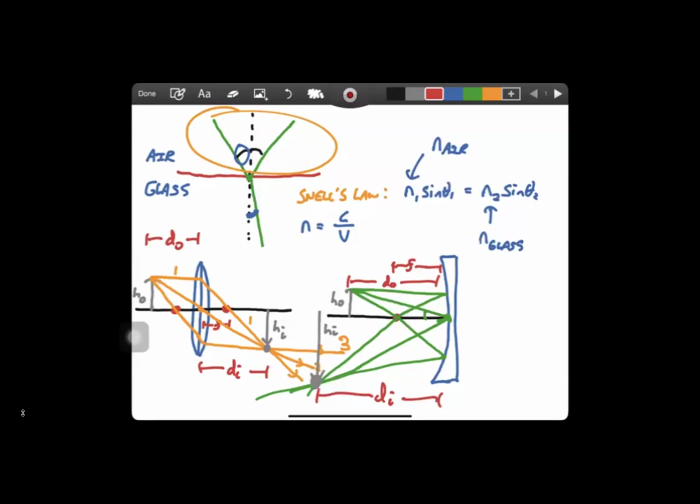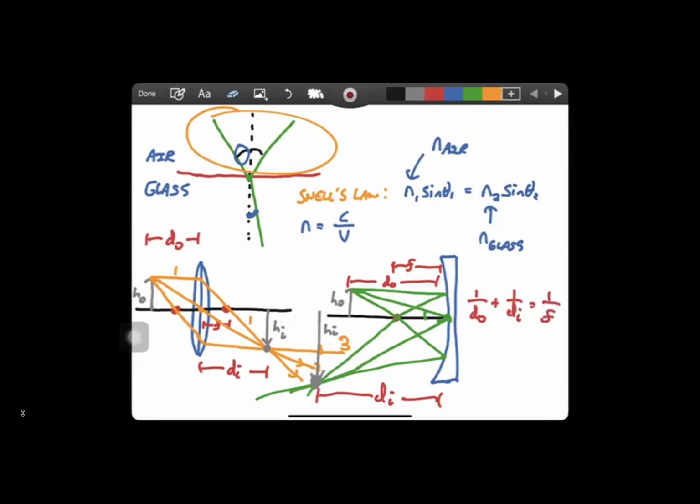In all of these particular cases, this equation is going to come in handy: 1 divided by your object distance plus 1 divided by your image distance equals 1 over the focal length.